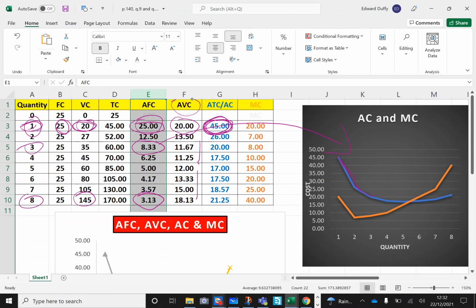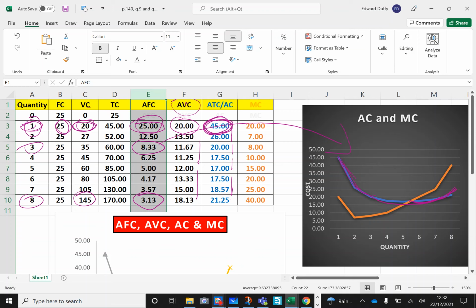So you'll notice what's happening here, that average cost falls, continues to fall, then starts to rise again. Okay, so that then is illustrated here in this blue curve, where the average cost curve declines and declines with output, but then starts to increase again.